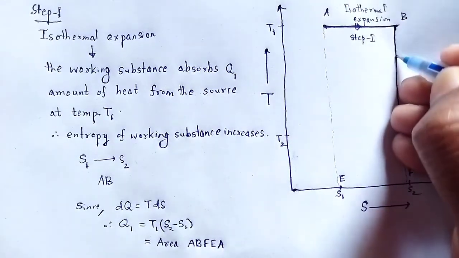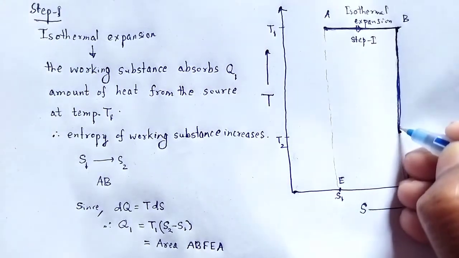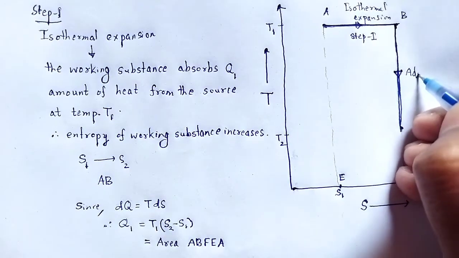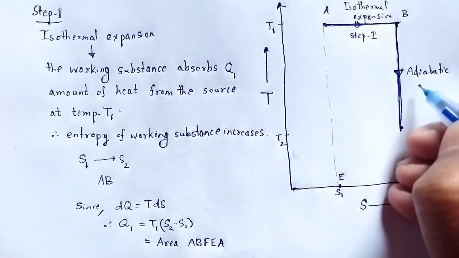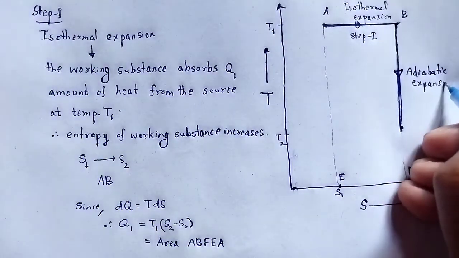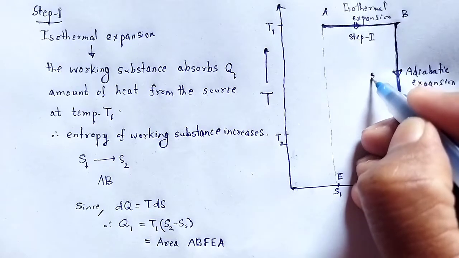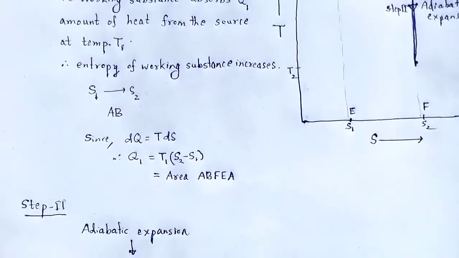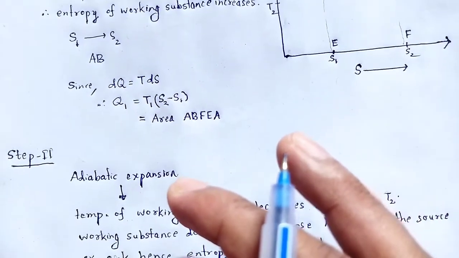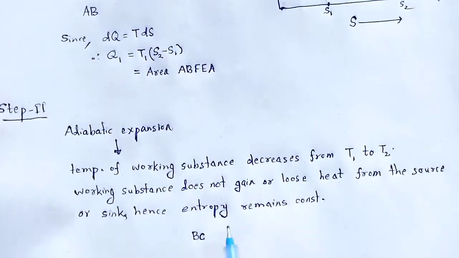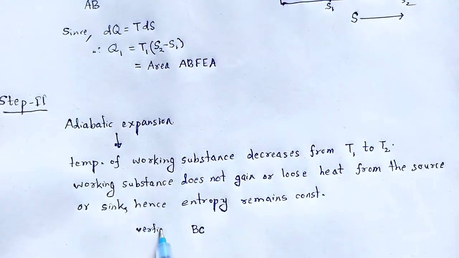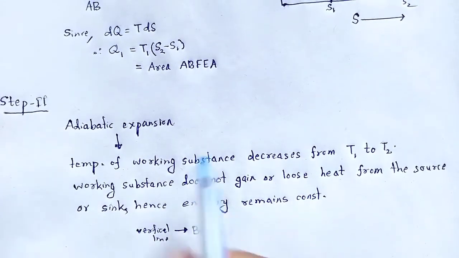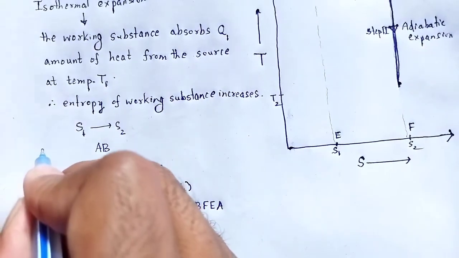The vertical line BC shows the adiabatic expansion, which is step 2. Here is the horizontal line AB.